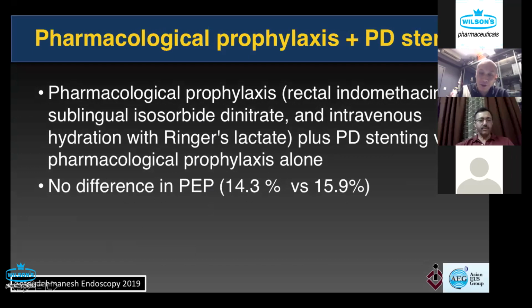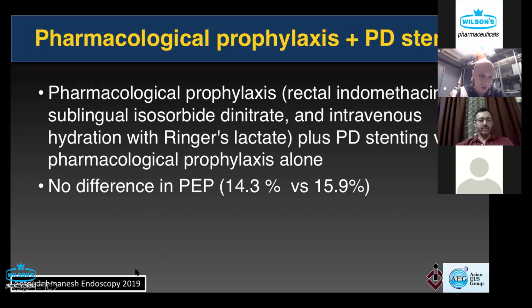The next question we often ask is whether both methods help in providing prophylaxis against PEP. That is, whether you do maximal pharmacological prophylaxis, giving everything you know can help, like indomethacin, isosorbide dinitrate, and IV fluid with Ringer's lactate, plus PD stenting, versus pharmacological prophylaxis alone.